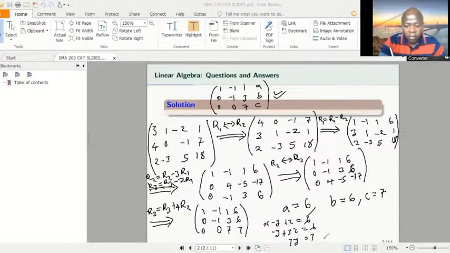Now we solve from the bottom going up. This is 0x plus 0y plus 7z. So the last equation implies that Z is 1.